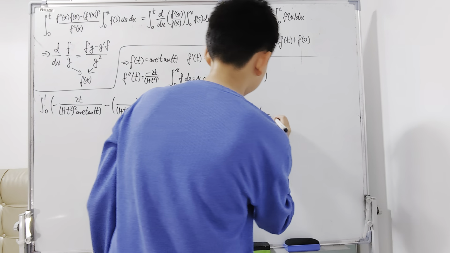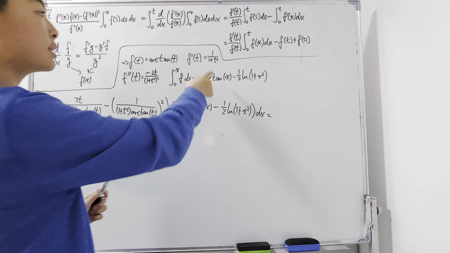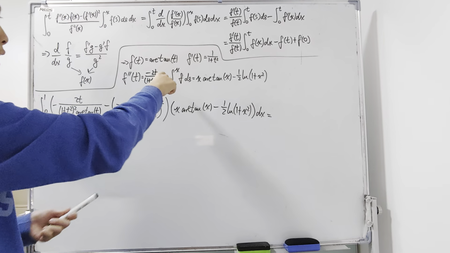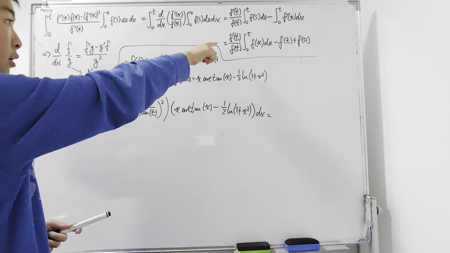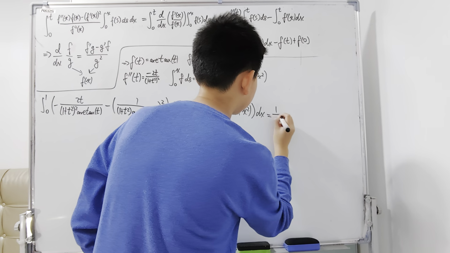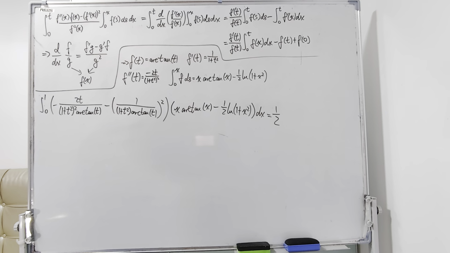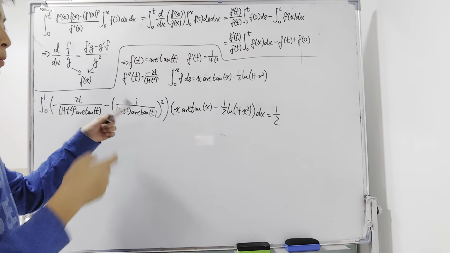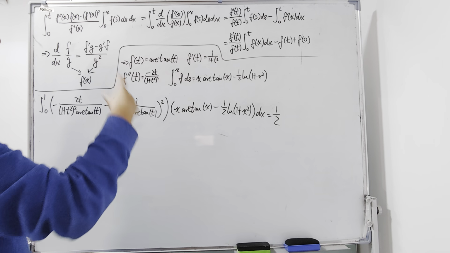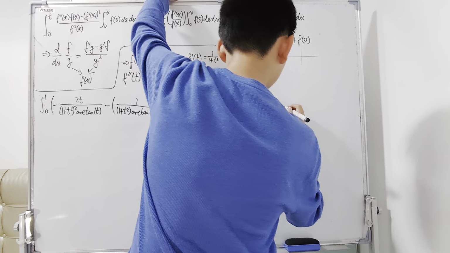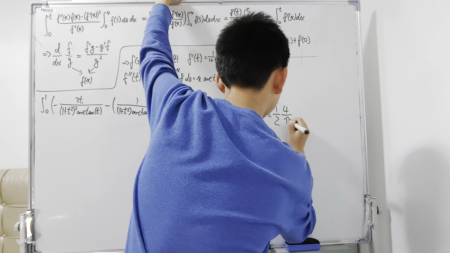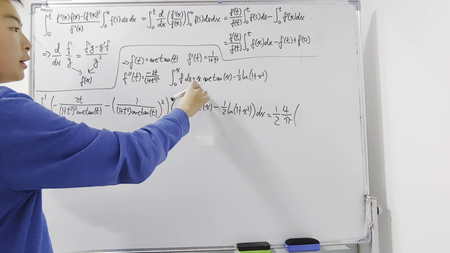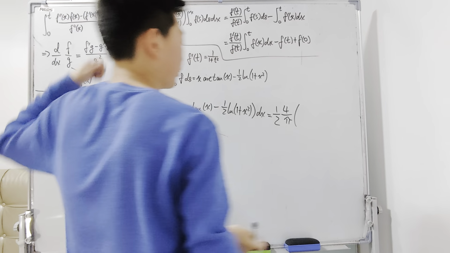Okay, so we want this expression with t equals to 1. So f prime of 1 is going to be 1/2. Yeah, 1/2. And then over f of t, arctan of 1 is going to be pi over 4. If you were to take the reciprocal, we have 4 over pi. Times, if you plug 1 to here, this is going to be pi over 4.